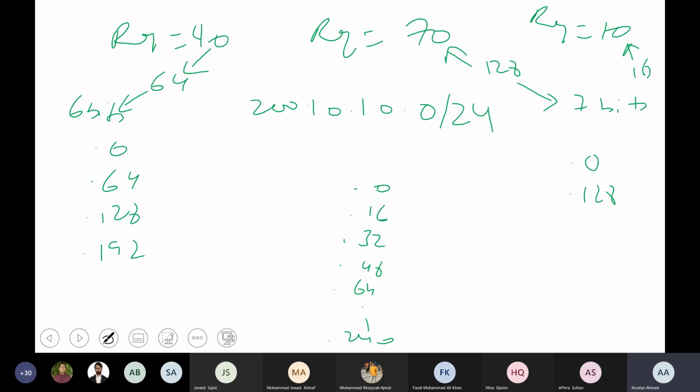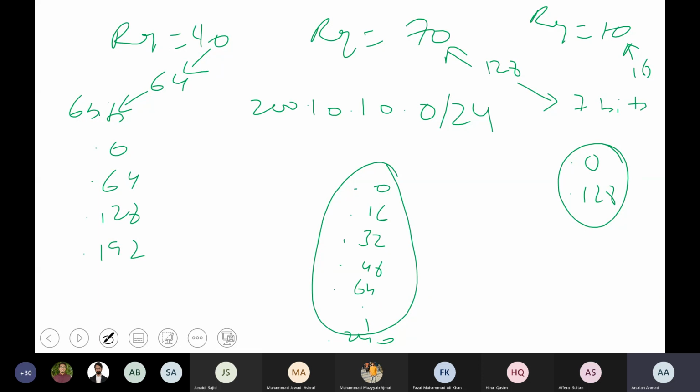So the point of taking the largest requirement first is simply this. You will have very few options for larger requirements, and you will have more options for smaller requirements. So if you address the smaller requirement first, you might have to waste some addresses in the middle to reach the next available number for the largest requirement.